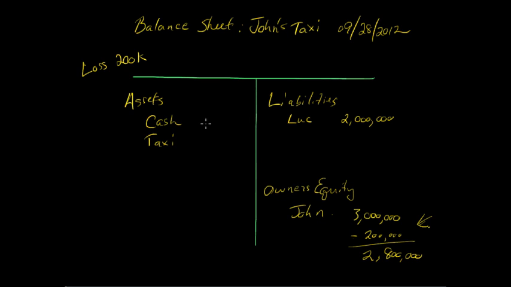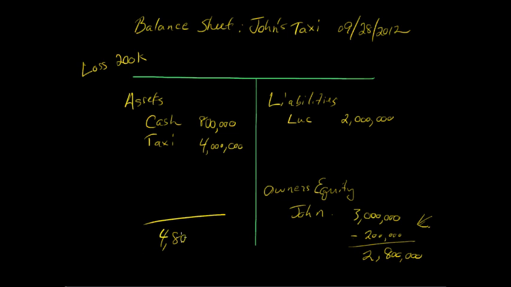And over here we have cash. Well, that loss shows up in cash as well. So instead of having $1 million in cash, how much do we have now? That's right, 800,000 in cash. So I have this taxi that's worth $4 million.